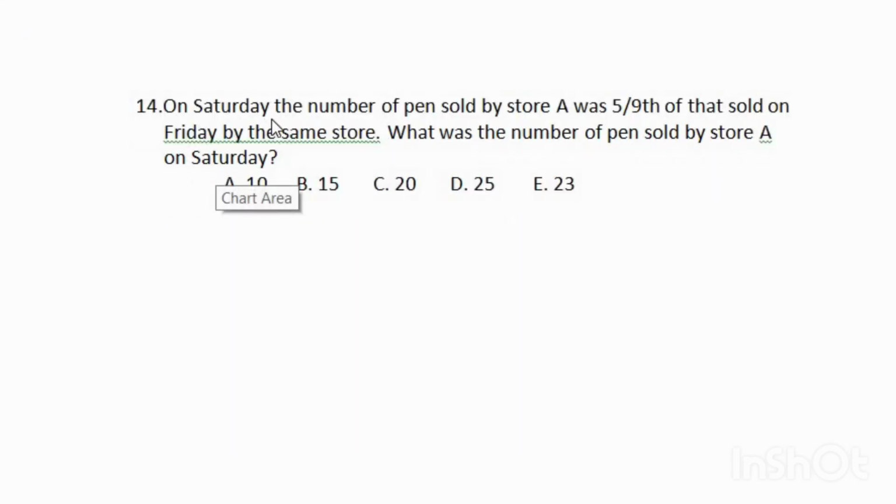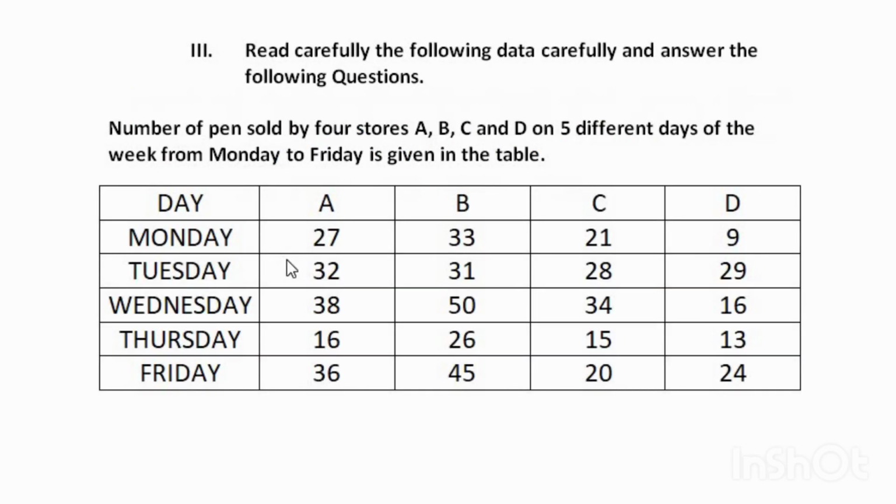Next question, on Saturday, the number of pens sold by store A was 5 by 9th of that sold on Friday by the same store. What was the number of pens sold by store A on Saturday? See, in the table, data up to Friday is given, right? The number of pens sold in Friday is 36.